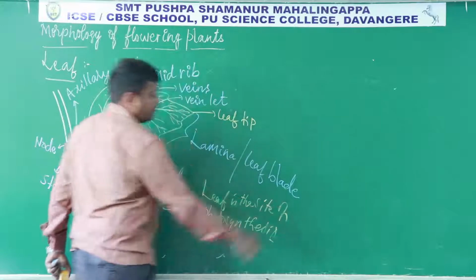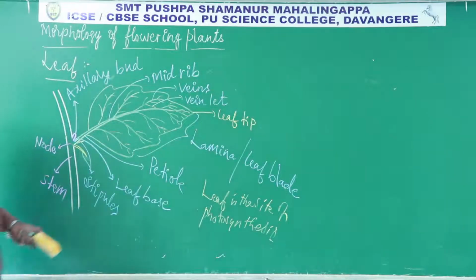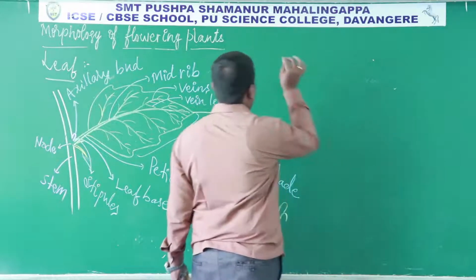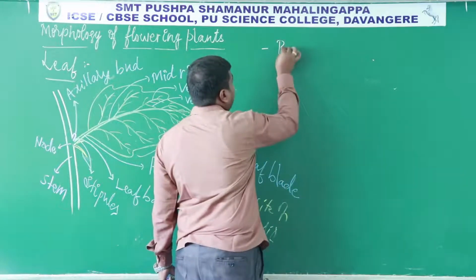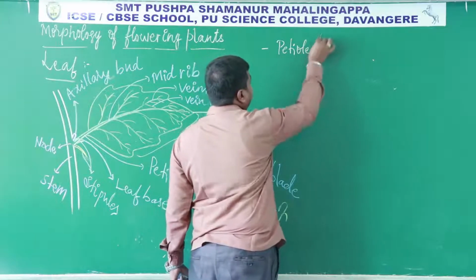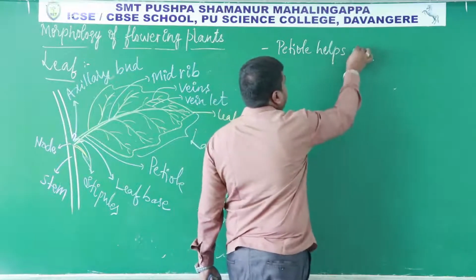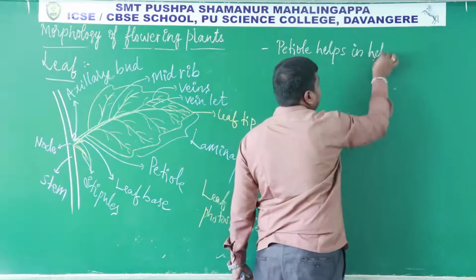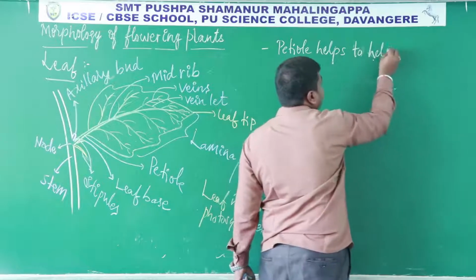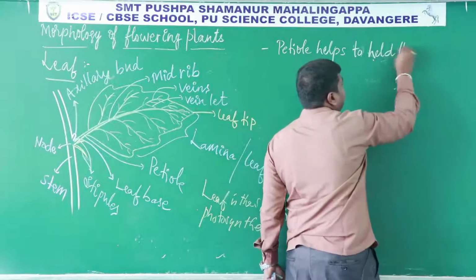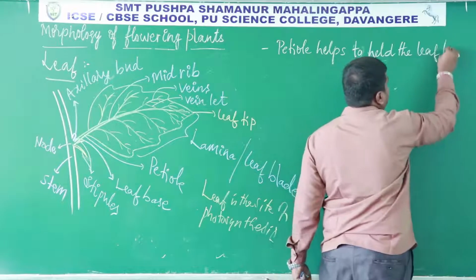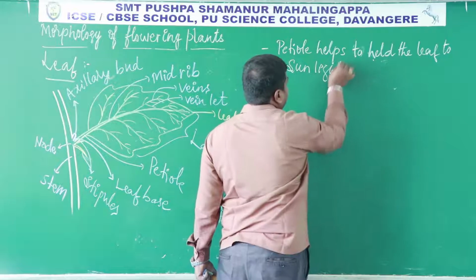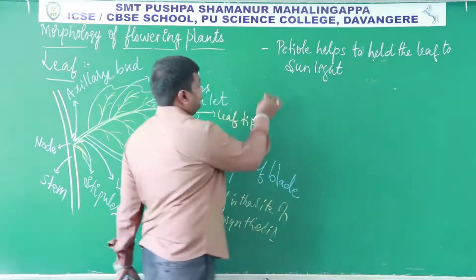Let me deal with the function of each individual part. The petiole helps to hold the leaf up to sunlight.